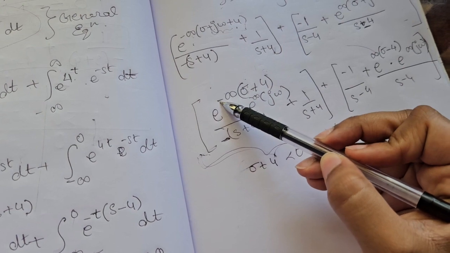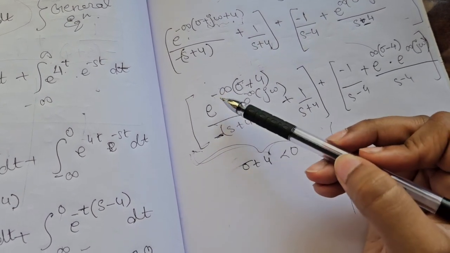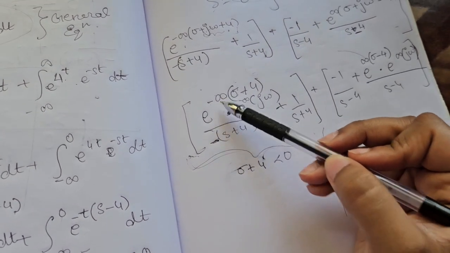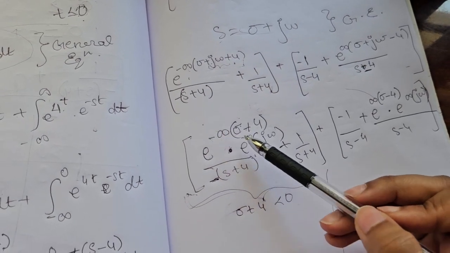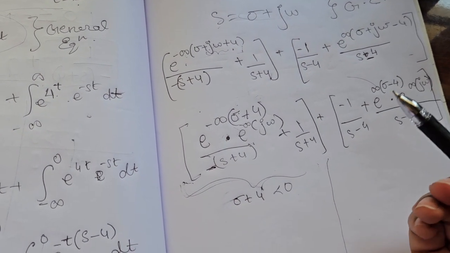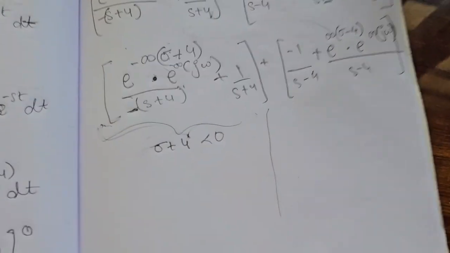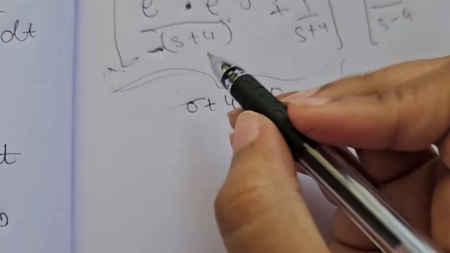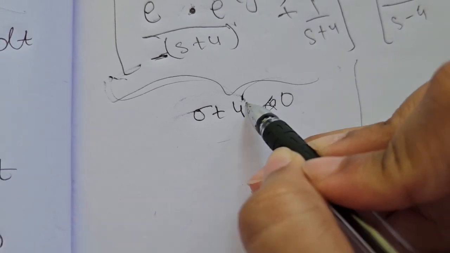And negative into negative is positive. So instead of having e raised to minus infinity, I would have e raised to infinity. And that gives me an infinity, and I don't want that. I want 0.